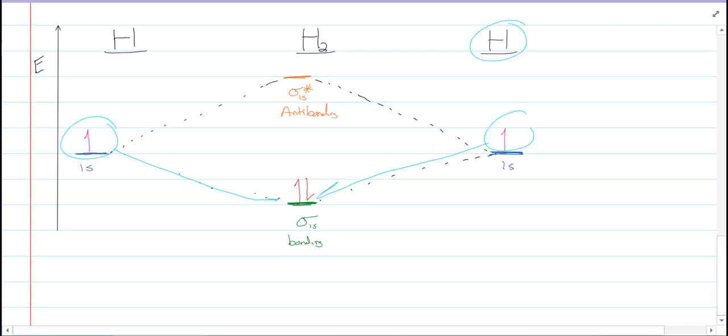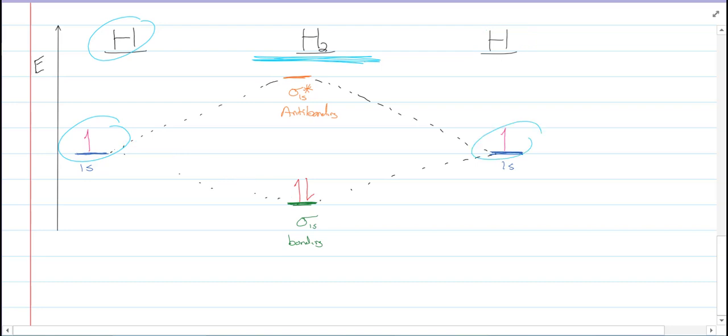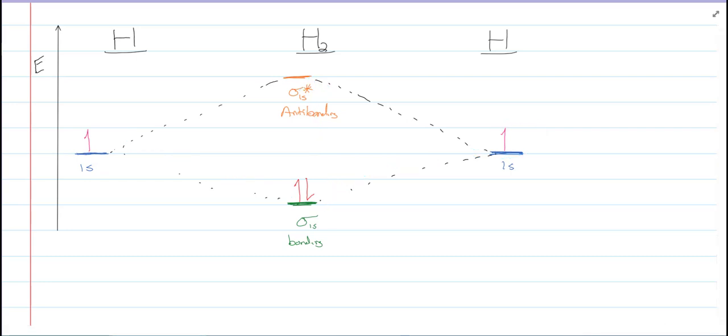So we have the free atoms versus the molecule. These electrons will go to the molecule and fill up the molecule, just like we've done before with the electron configuration. So that's hydrogen. And this 1s is lower in energy.